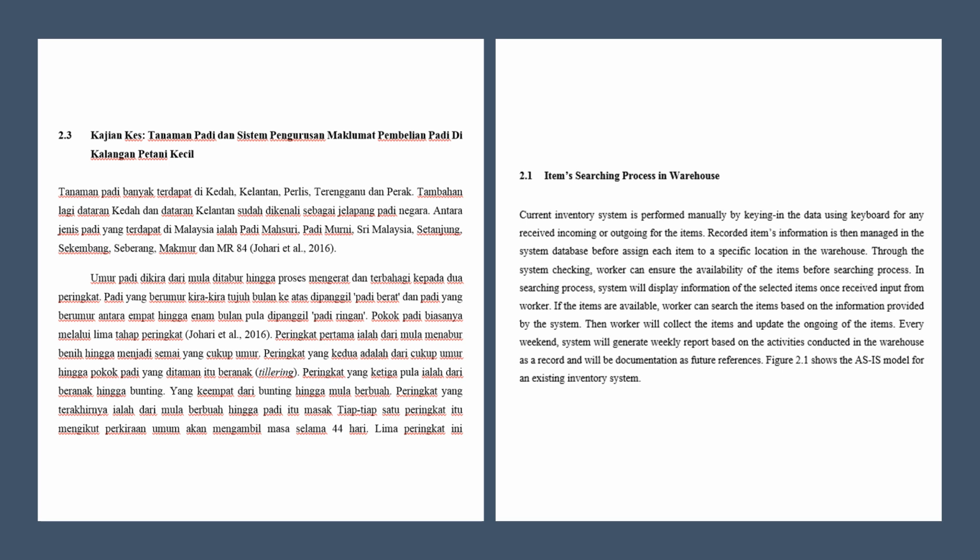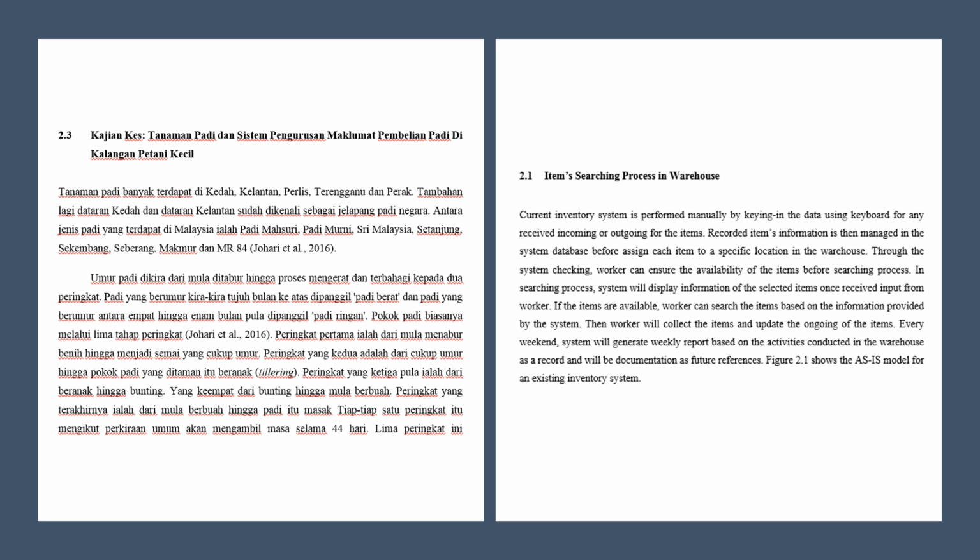So this student starts with the information: what is the paddy, how it is farmed, how it is raised, and so on, and how the product selling is done. Who are the participants, who are the stakeholders, and whatever information is related to this case.